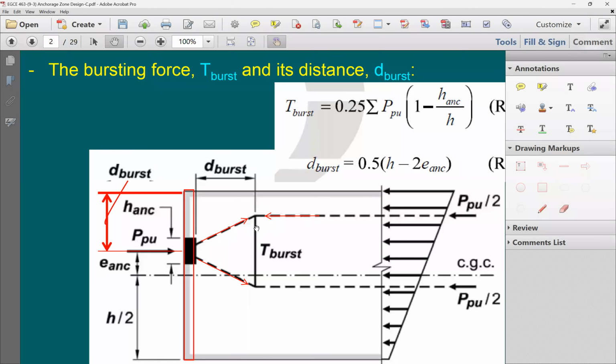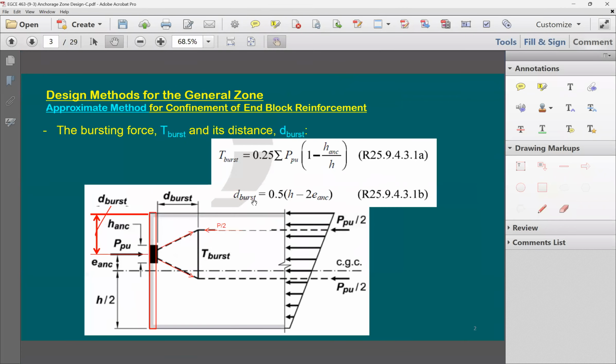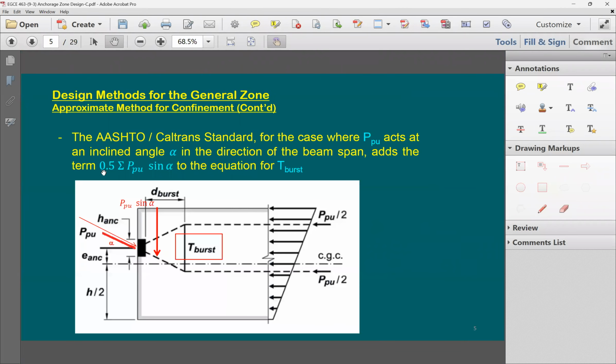So this tension force is going to be this component in this direction, based on this given angle and also based on only P over 2. So when it comes to putting any force here with an angle, you need to understand that both of these two components, one is going to the top, one is going to the bottom. Therefore, this is the reason that you are taking half of the force times sine alpha, because one half is going this side, the other half is coming this side.